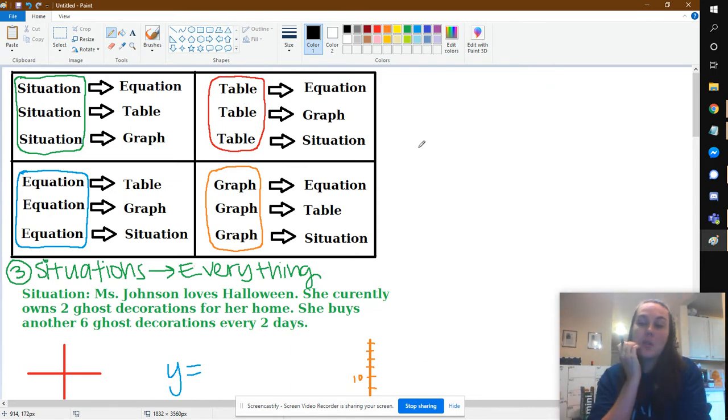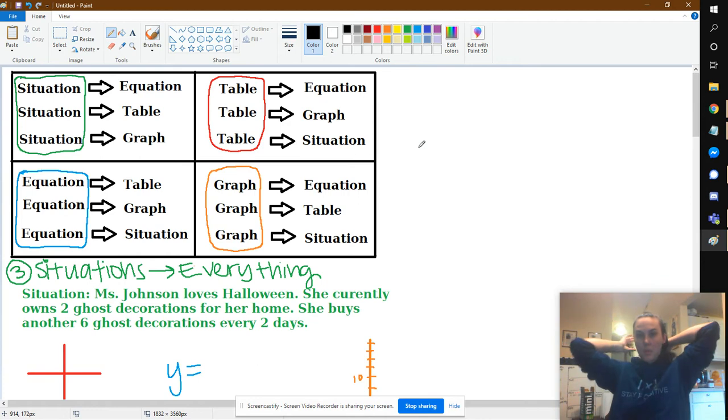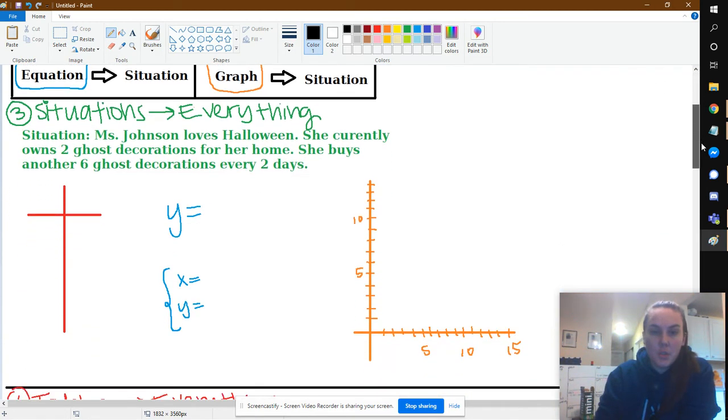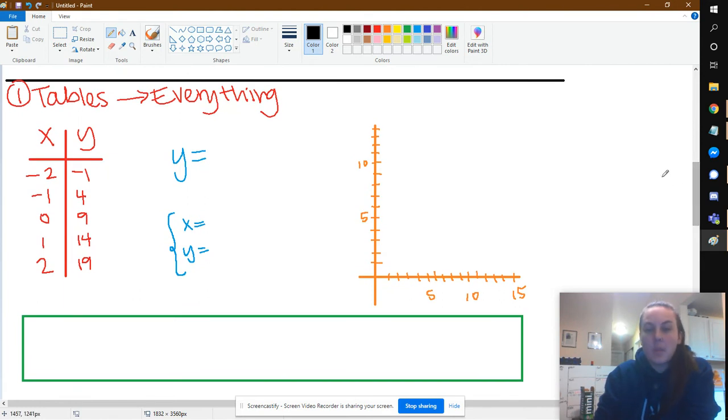And this is important for your work today, but this is also the foundational work for your portfolio for Unit 2, right? So this is going to be a useful video reference when you're making your portfolio. Okay, let's do it. I'm going to go through section by section. So I'm going to say we start with a table, we go to everything. Pause this video at the end of this section and then do the actual section on the assignment, tables to everything, right?